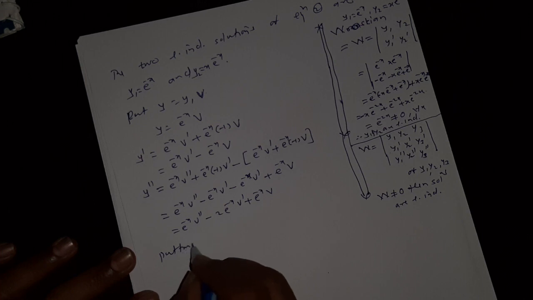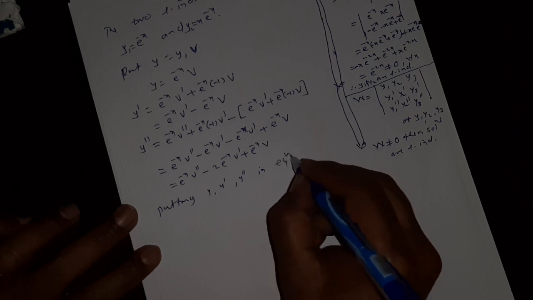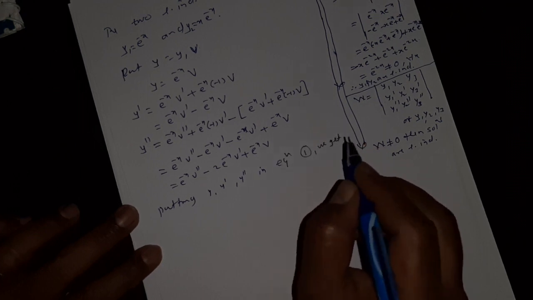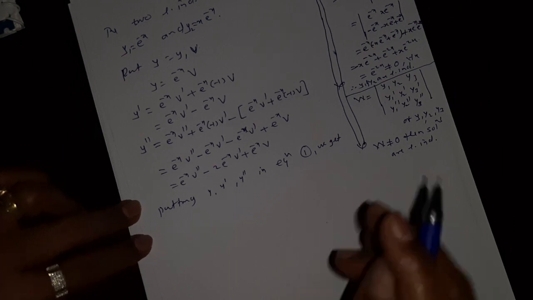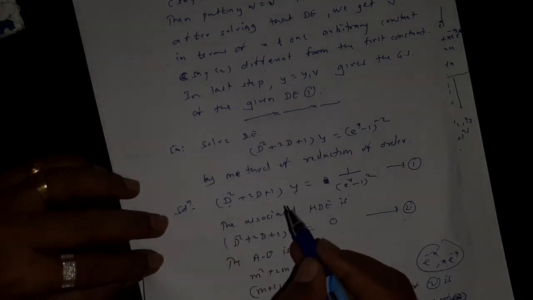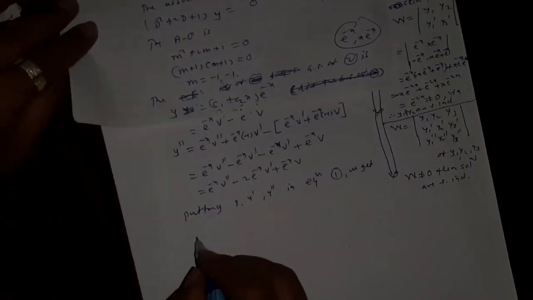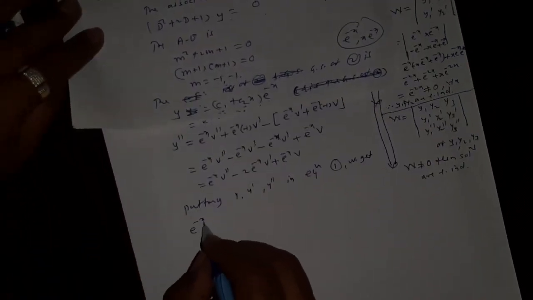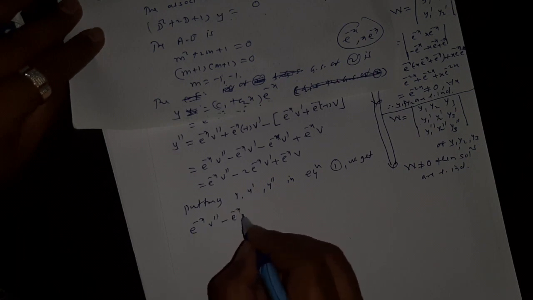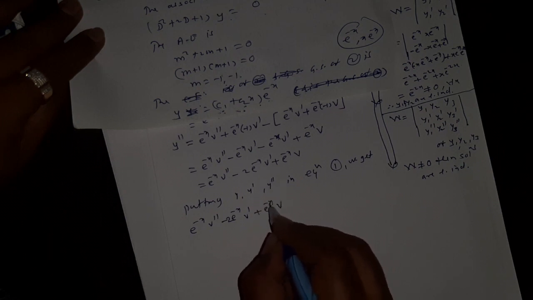So putting y dash and y double dash in equation 1, we get. So what is equation 1? This is equation 1: d square y, which means y double dash, its value is e raised to minus x v double dash minus 2 times e raised to minus x v dash plus e raised to minus x v.